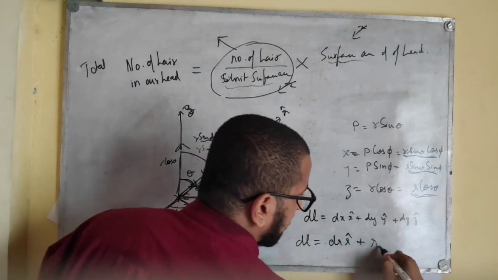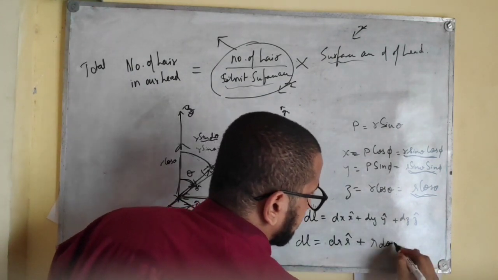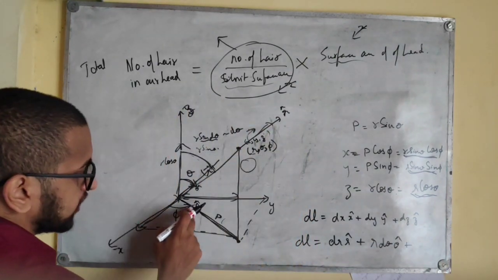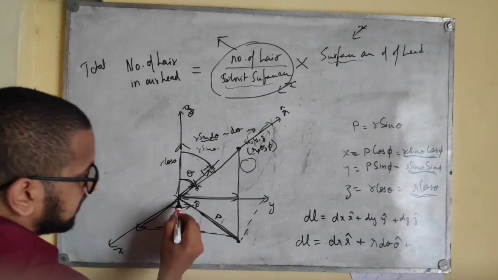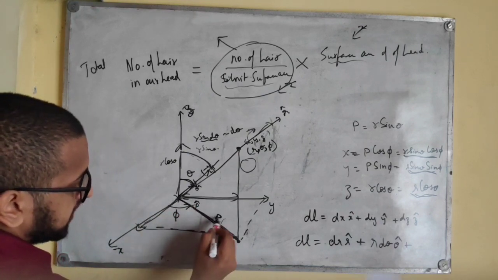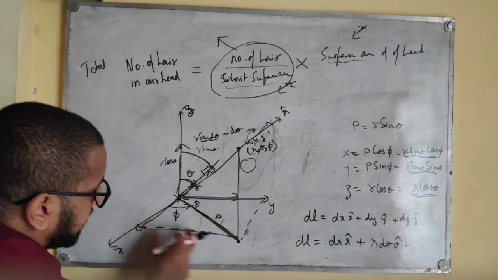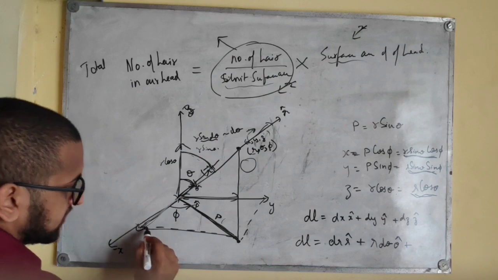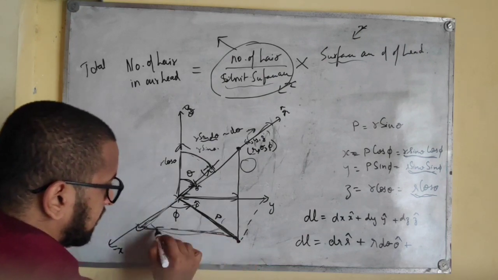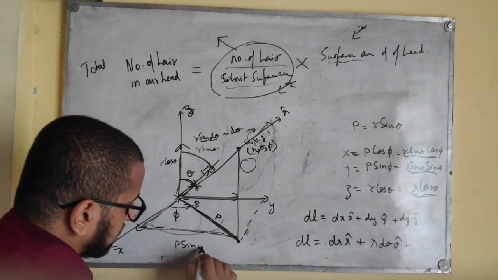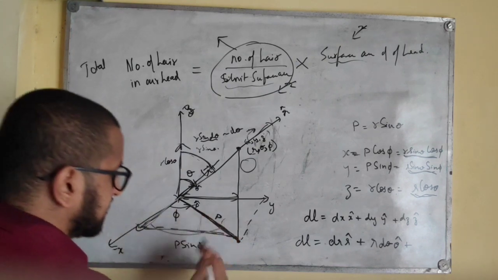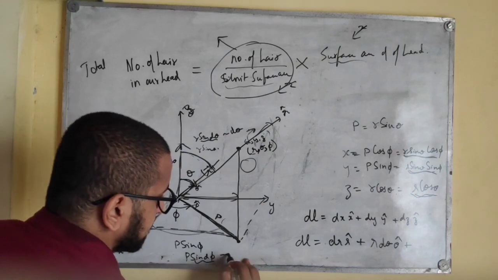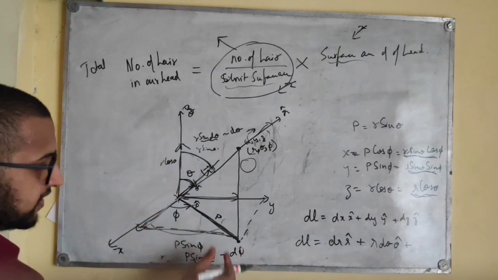So r d theta times theta cap, plus the phi direction. What is this? It is p, and if this is p cos phi, this is going to be p sin phi. But for a small element, p sin d phi is going to be p d phi for a small angle d phi.